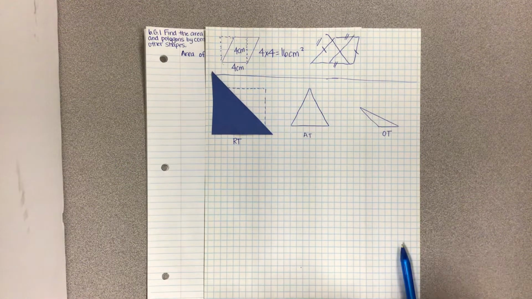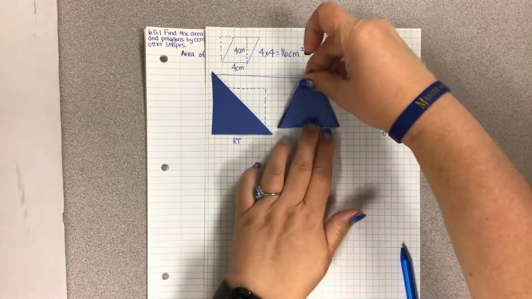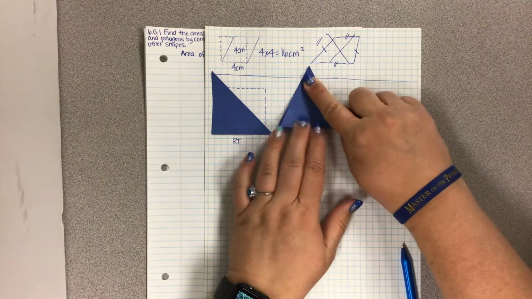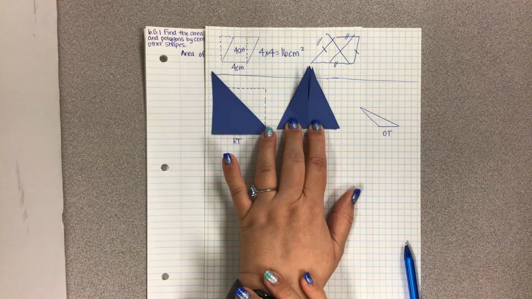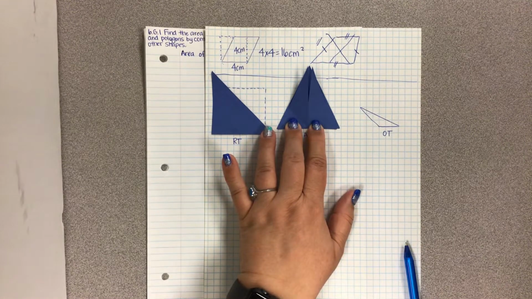Now we're going to look at an acute triangle. Remember, acute triangles have all 3 acute angles. So here is our acute triangle. Now you're probably asking yourself, Miss Fisher, how are we going to find or prove that this is half of a rectangle?